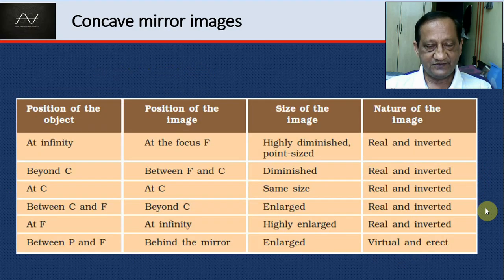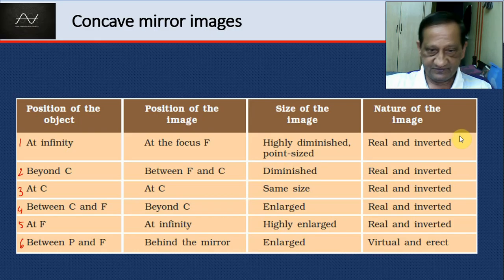So putting it all together, we had six positions: 1, 2, 3, 4, 5, 6. We can make a table. What we are talking about is the position and the size of the image and also the nature of the image. We started from infinity. The position was at F, so it was highly diminished, but the rays actually intersected, so it was real and inverted.